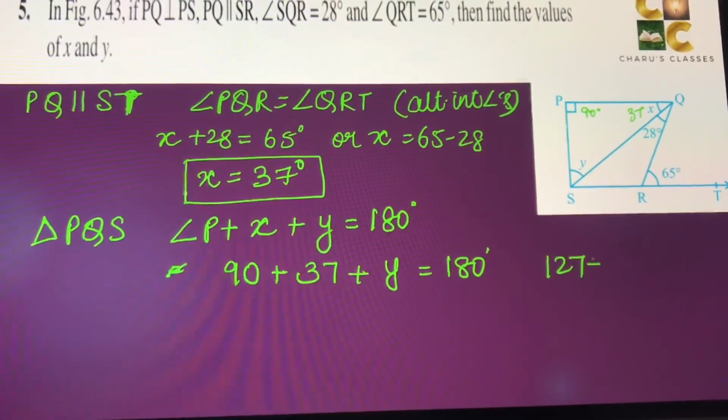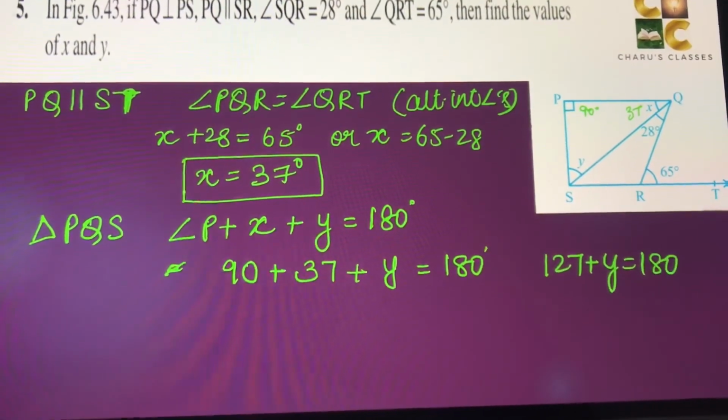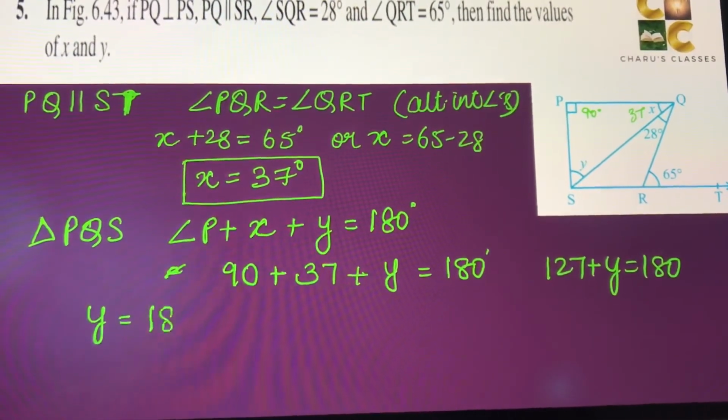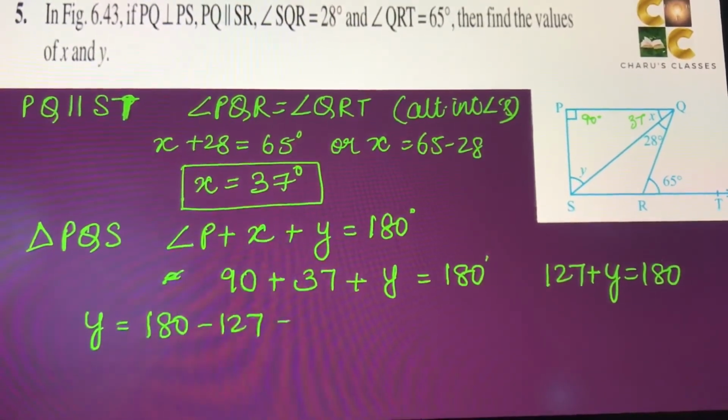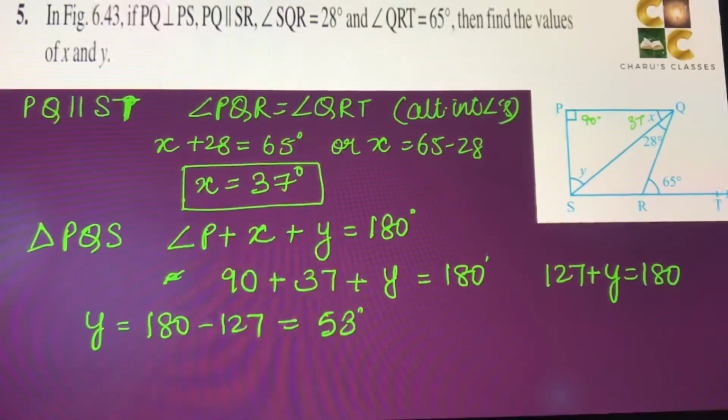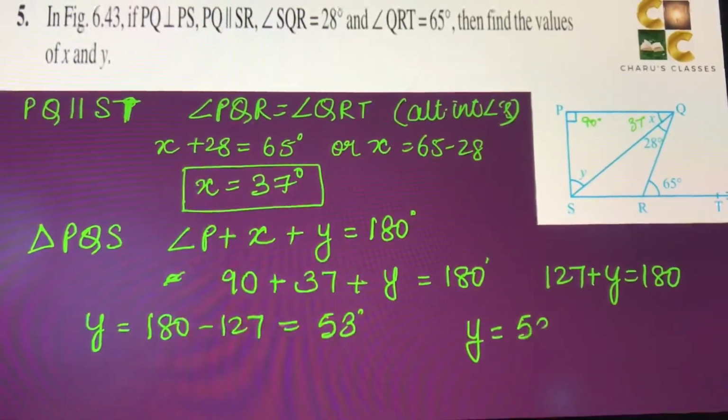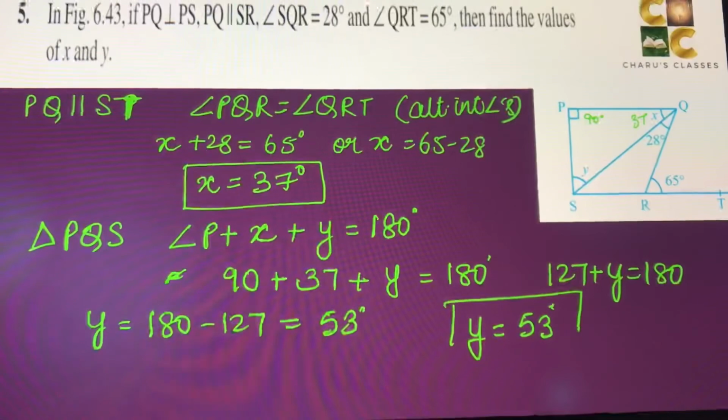Or we can write 127 plus Y is 180. Y can be written as 180 minus 127 degrees, which is equal to 53 degrees. So angle Y is equal to 53 degrees.